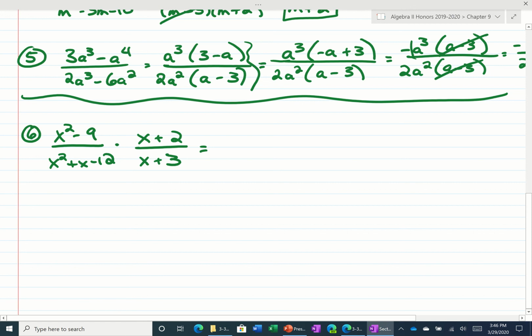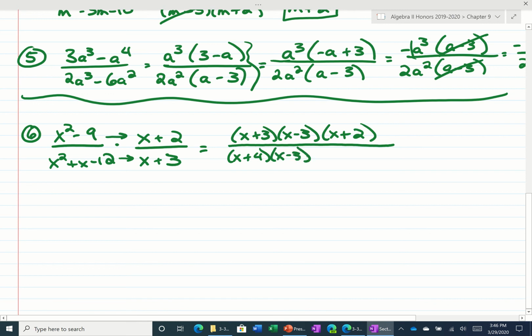You're multiplying the fractions, so I could just write it like this. x squared minus 9 is x plus 3 times x minus 3, times x plus 2. Right? We're multiplying fractions, so we just go straight across. I could write them together. At the bottom, this would be x plus 4 times x minus 3 times x plus 3.